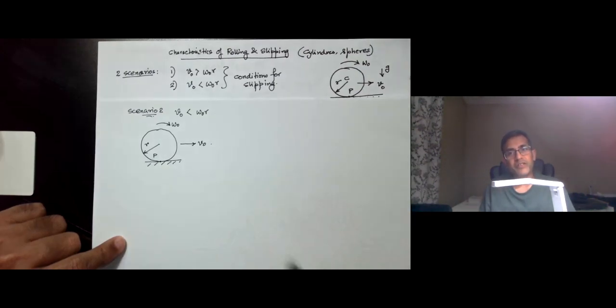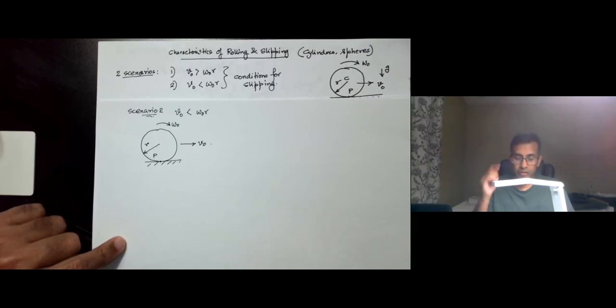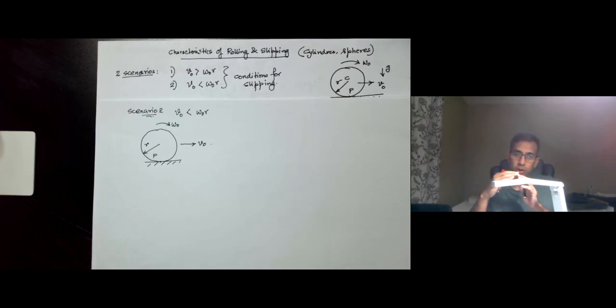It tries to make that relative velocity go to zero. So to be more specific, when we try to find the direction of friction when two bodies in contact are slipping, we need to look at the relative velocity at the point of contact, and keep in mind that the friction will try to reduce the relative velocity.